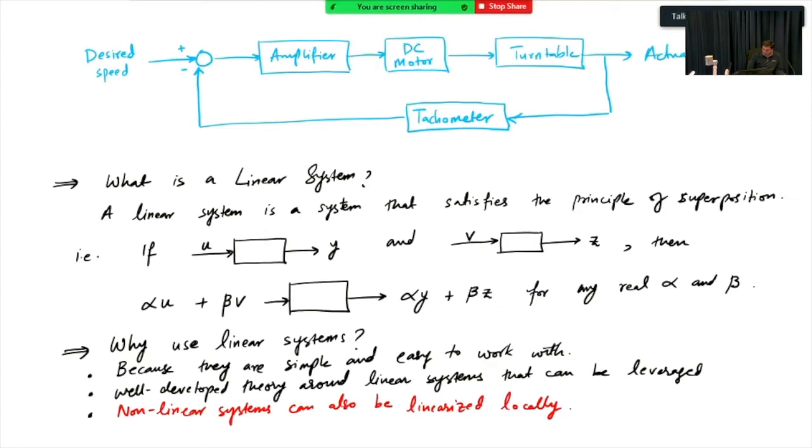Any questions before we proceed to the idea of state space models? No? Okay.